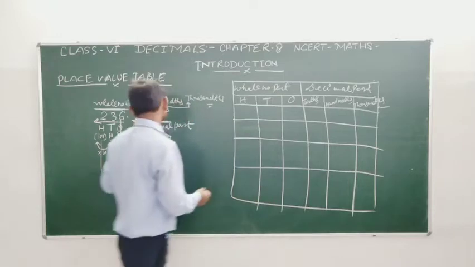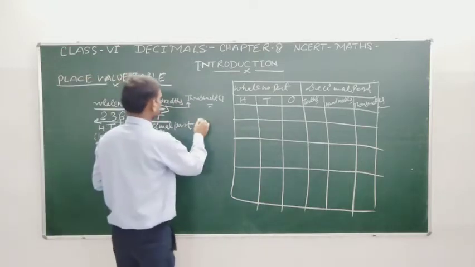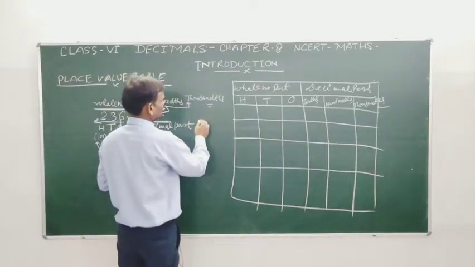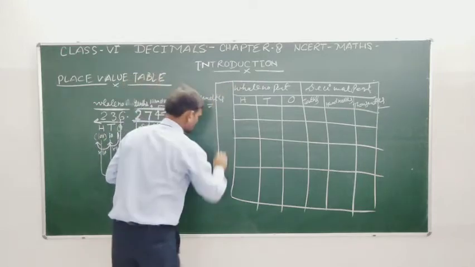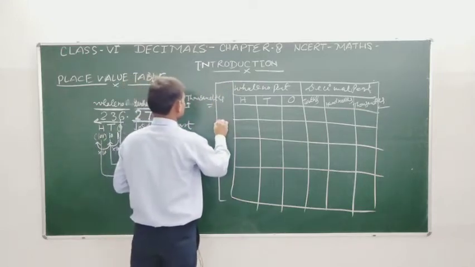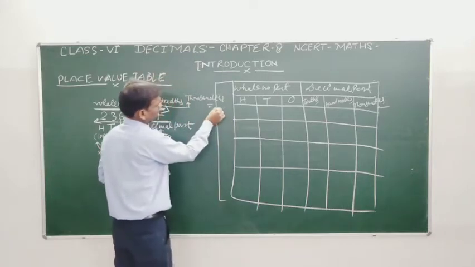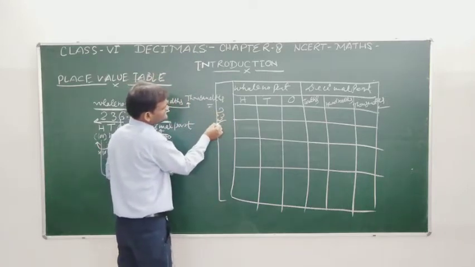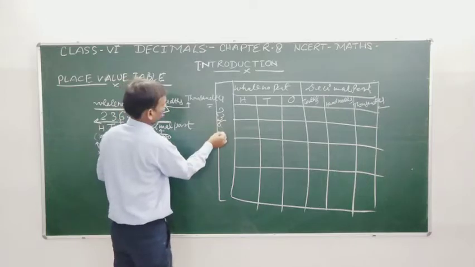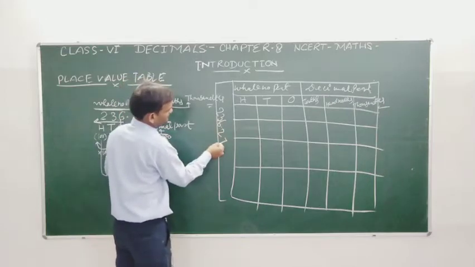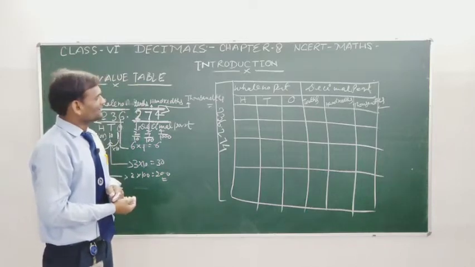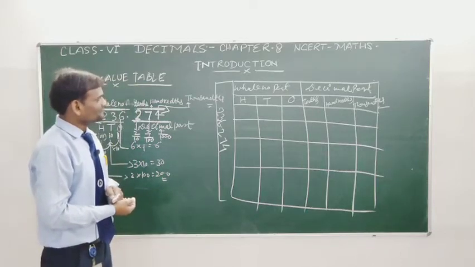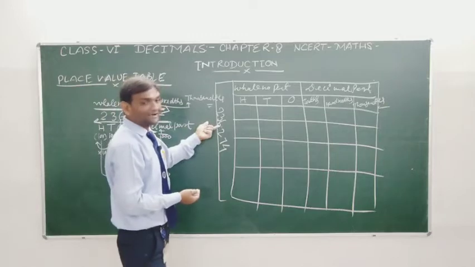Now look, the number is 236.274. Now student, firstly fill the whole number part.